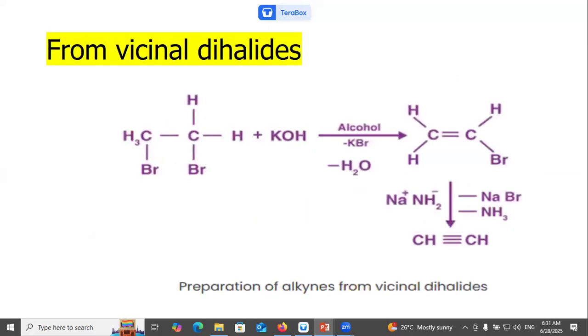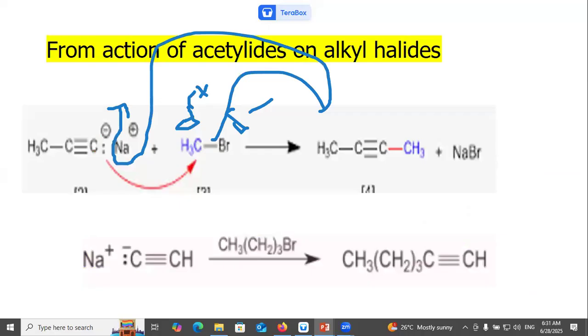From vicinal dihalides, from the action of acetylides on alkyl halides, the mechanism is same. This is the methyl bromide. Bromide has a partially negative charge and methyl has a partially positive charge.